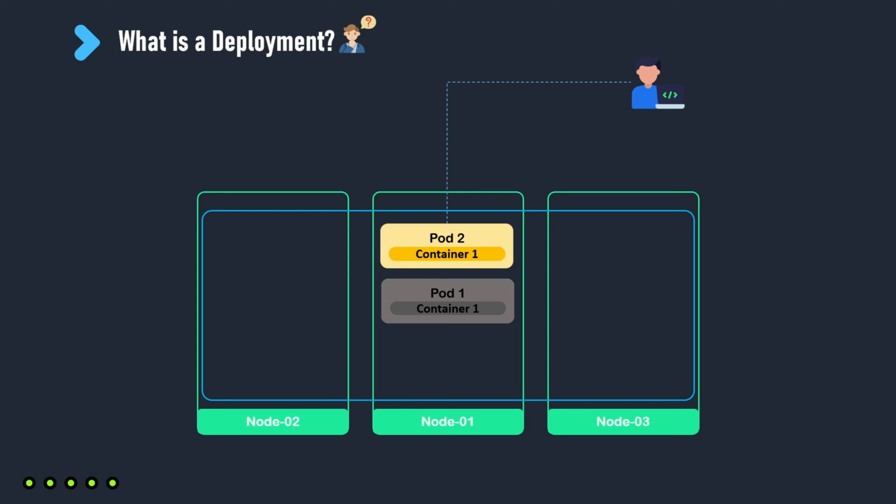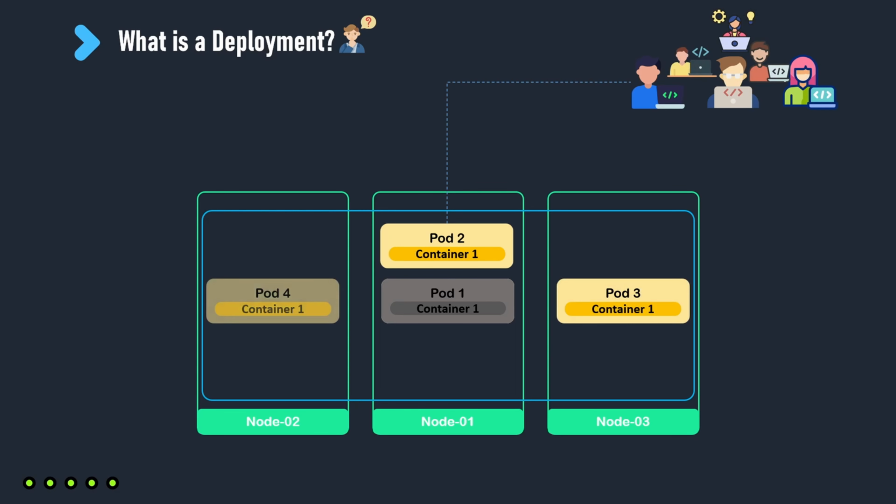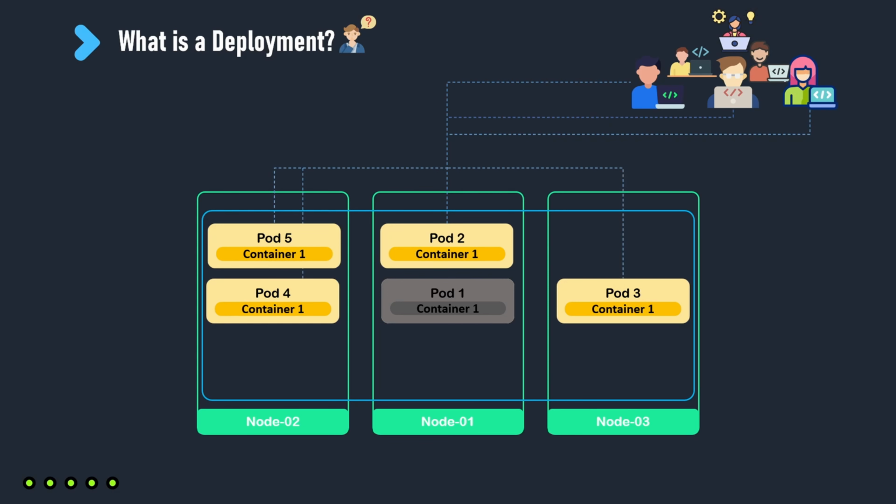It also offers the capability to scale up or down as we did with a replica set. So you may notice that when working with a deployment, we can benefit from all the features that we have when working with replica sets. And that's because the deployment manages pods through replica sets.